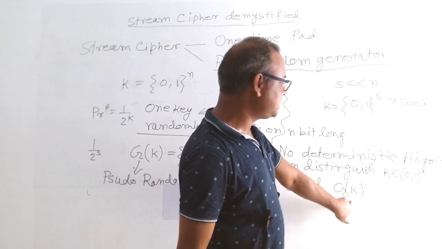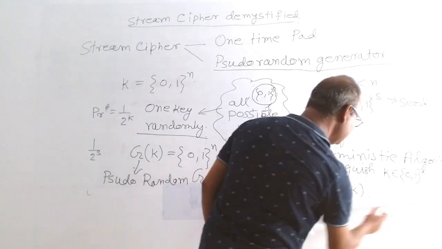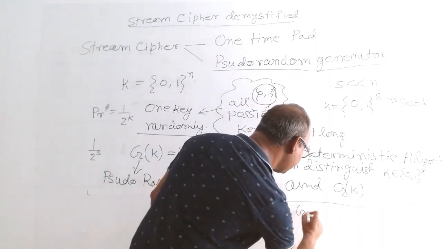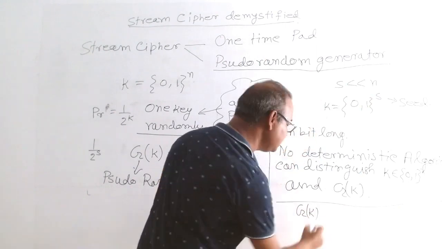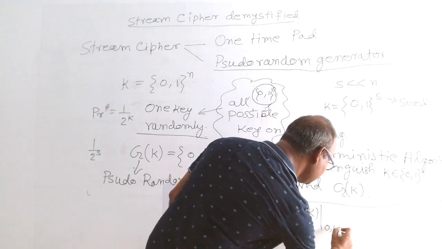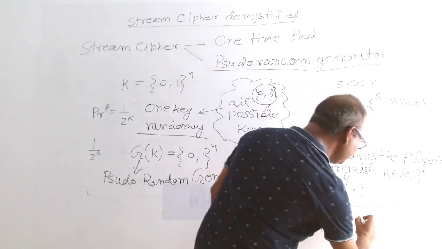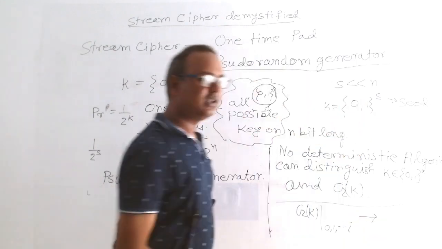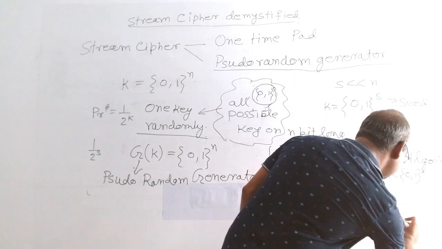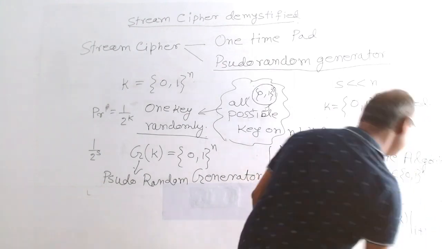Means there should not exist any algorithm which can predict that it is not random, it cannot be distinguishable. Okay, or there is another definition, like given from Gk, if we are given the bits from 0 to i, no algorithm should be able to derive the i plus 1th bit.